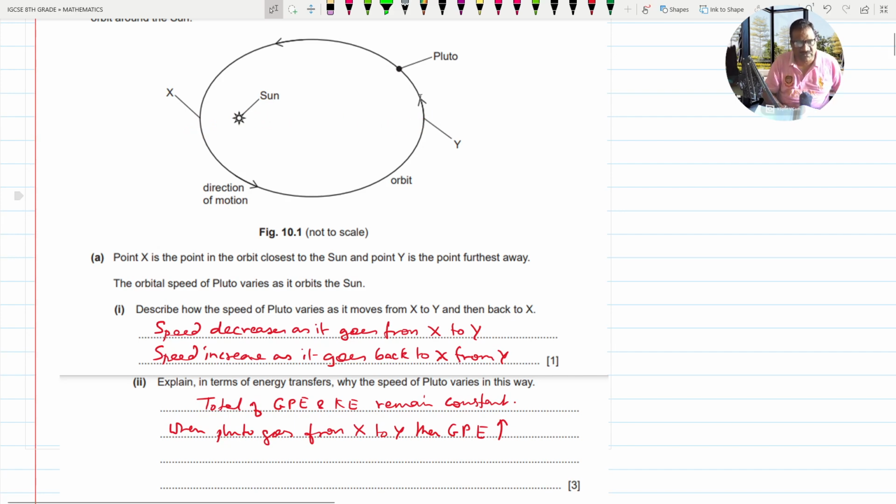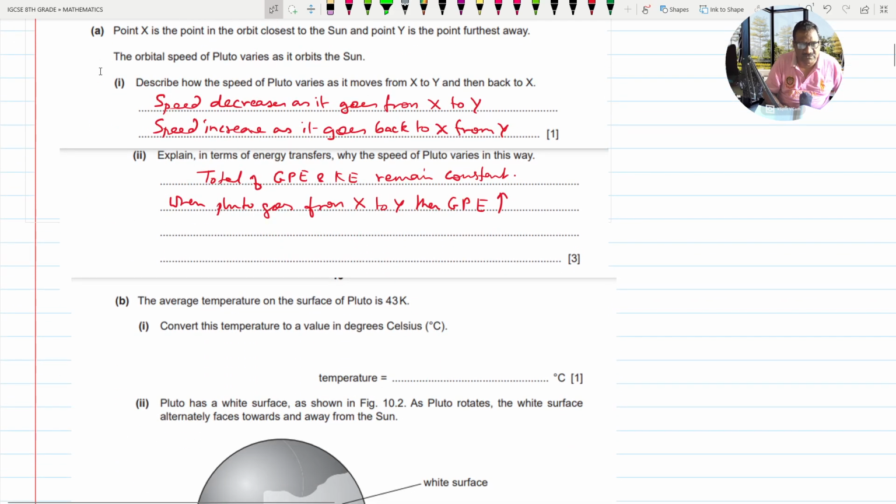So gravitational potential energy increases when it goes from X to Y. And because the gravitational potential energy increases, the kinetic energy will be decreasing. Now just the opposite happens when it goes from Y to X.